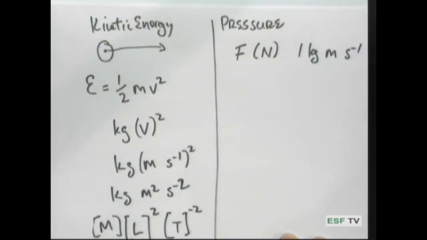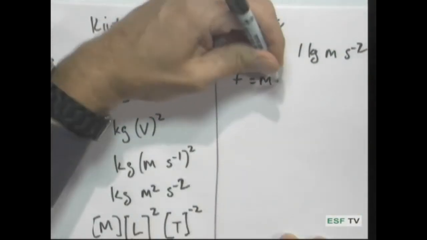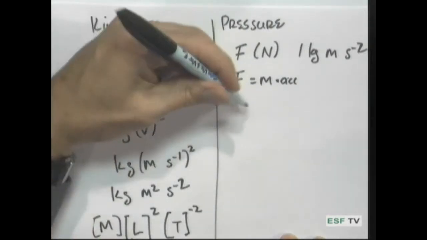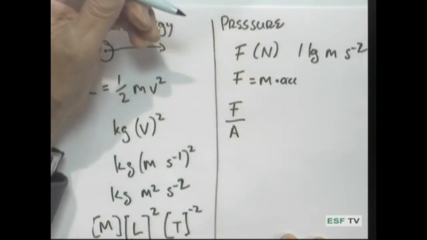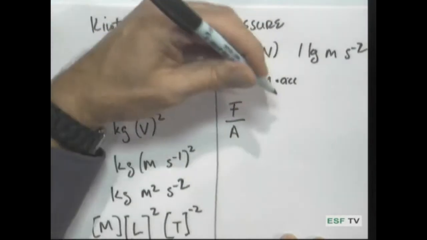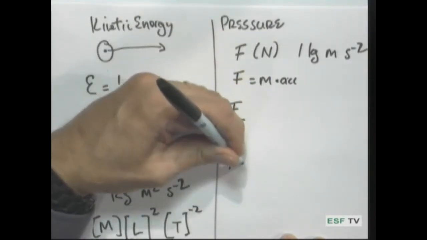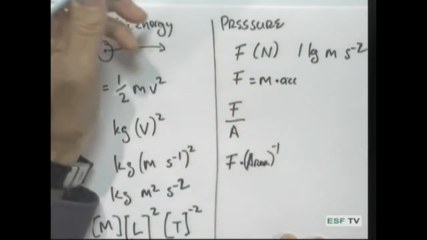We can calculate force as mass times acceleration, and this is where we get the units of kilograms meters per second squared. Now, to calculate pressure we are calculating force over a unit of area. And so what we have here is force times area to the minus 1 power.